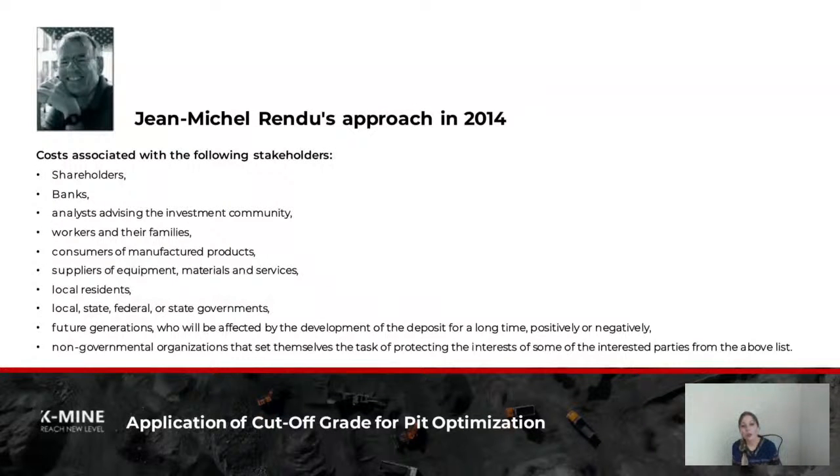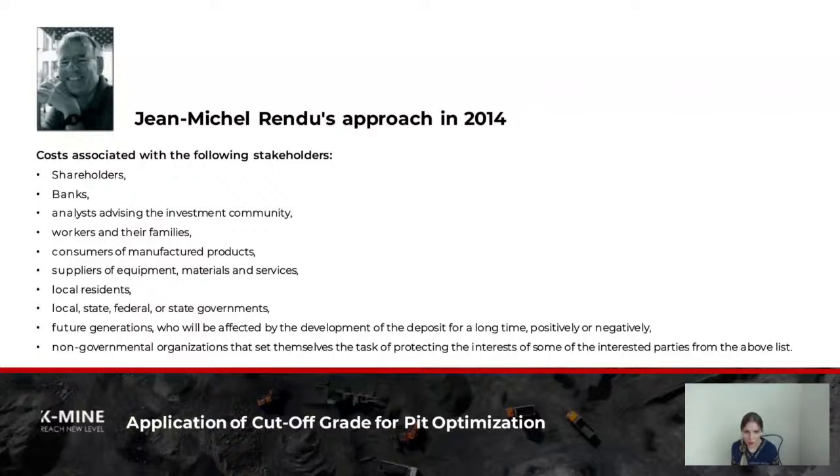So the theory of calculation and application of cut-off grade according to Rendu is similar to Lane's theory, since the main focus is on maximizing the NPV parameter, but there are also differences both in methodology and the application of cost types.